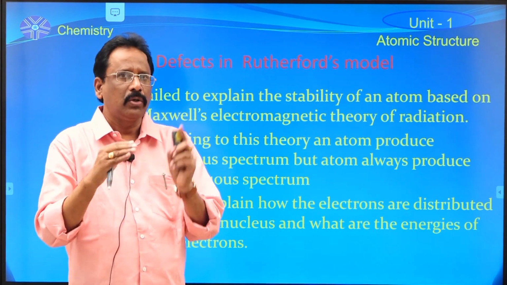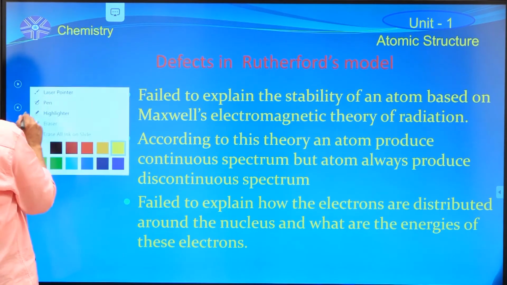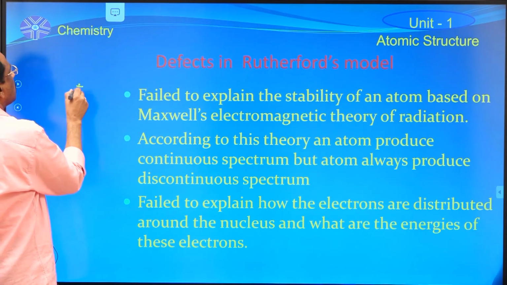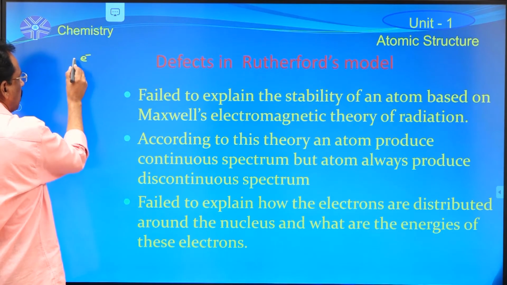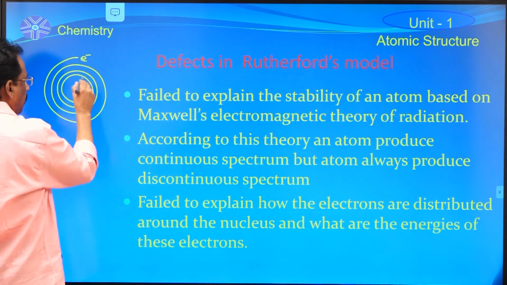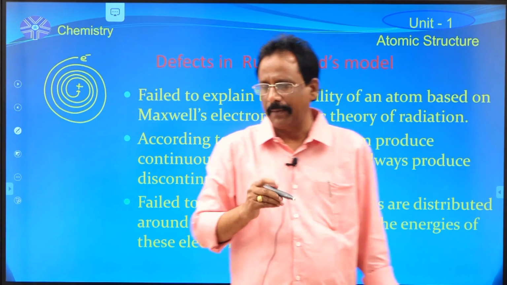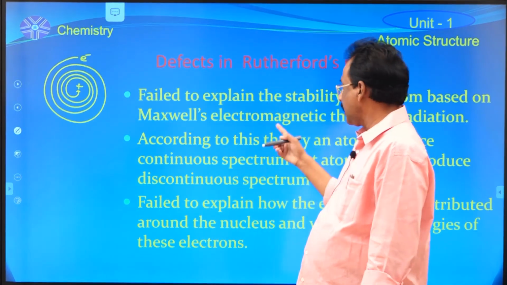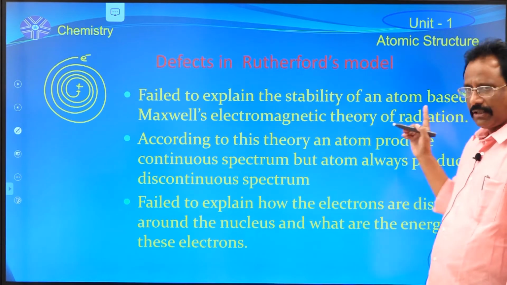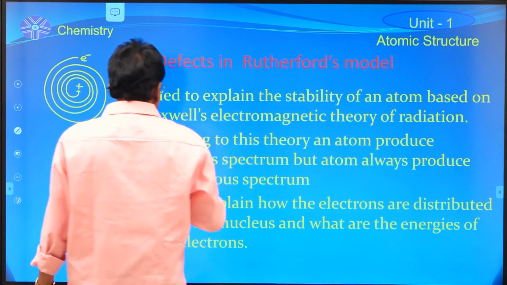The electron also loses its energy continuously. It may fall into the nucleus. So if this is the nucleus and this is the position of the electron, it loses its energy continuously like this, and it may fall into the nucleus like this. That means the atom will collapse based on Maxwell's electromagnetic theory of radiation. That means this model also failed to explain the stability of an atom.